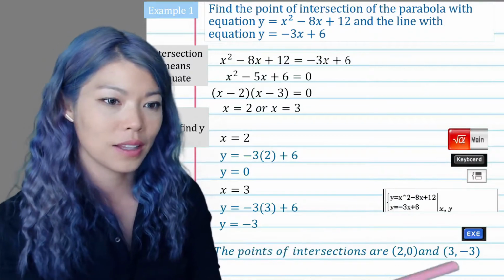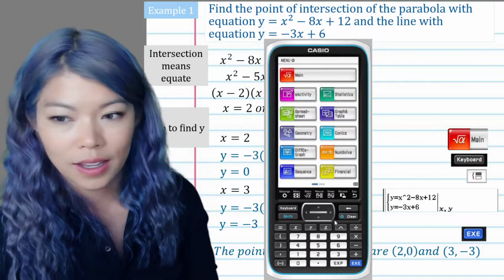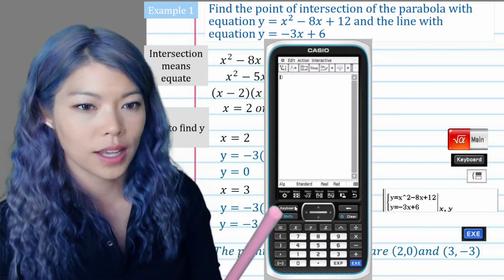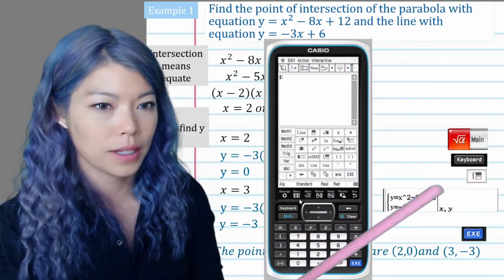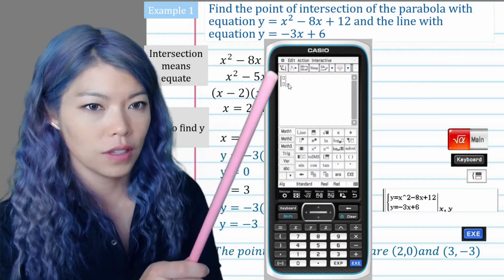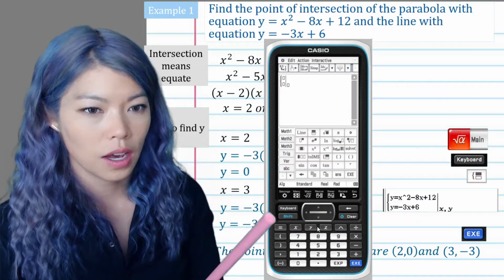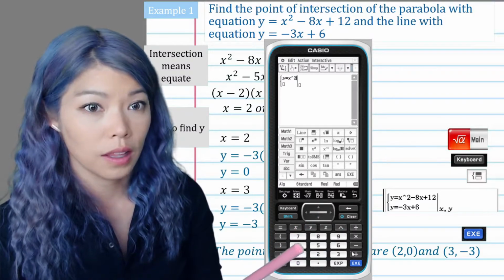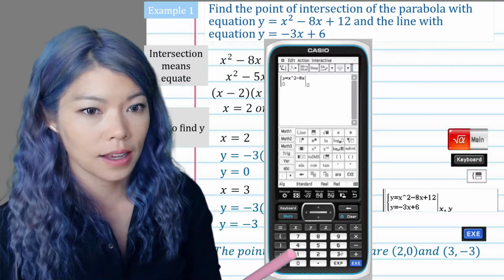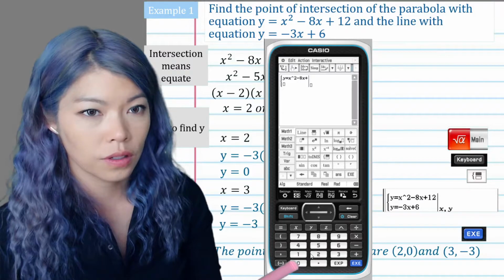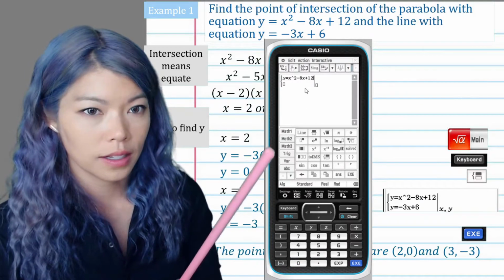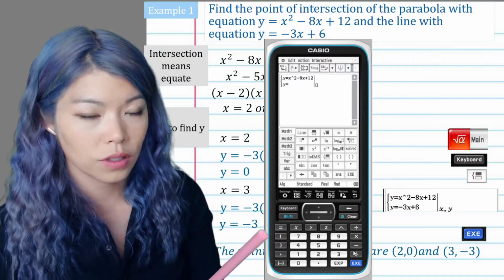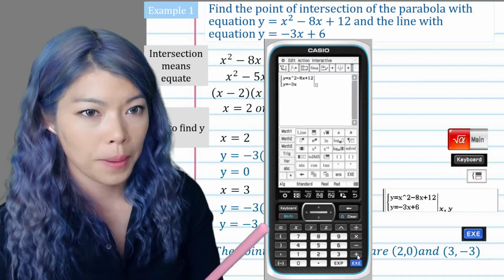We can also use the calculator to work it out. So let's bring up our calculator. We first of all click on main and then click on keyboard, which is down here. Then find that button there. And then in each of these boxes, you're going to type in the equation. So y equals x, use that symbol for squared, and then minus 8x plus 12, and then the second equation goes in the second line, y equals minus 3x plus 6.